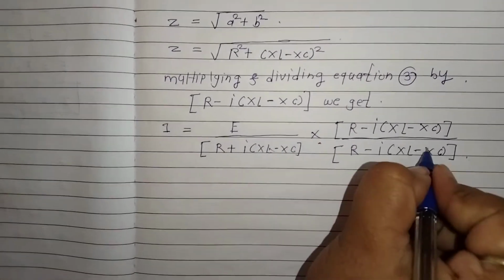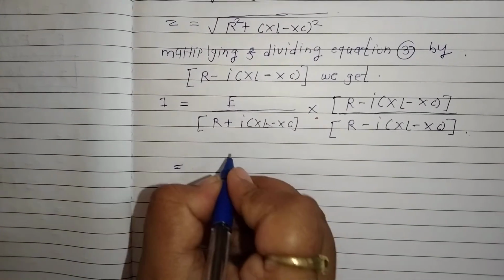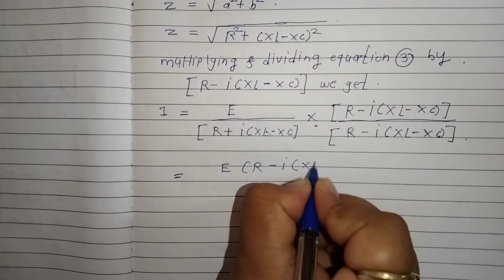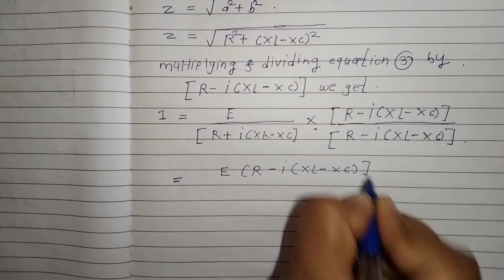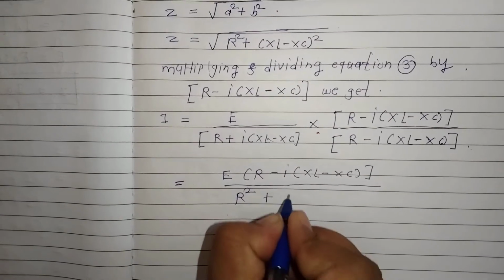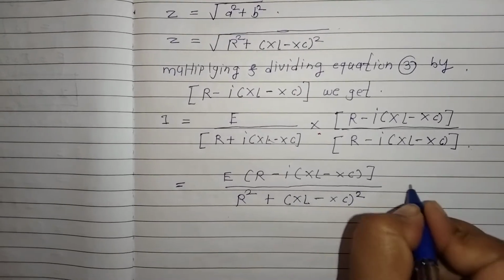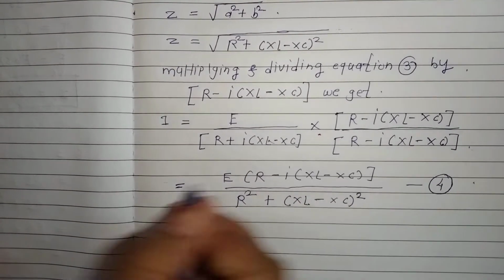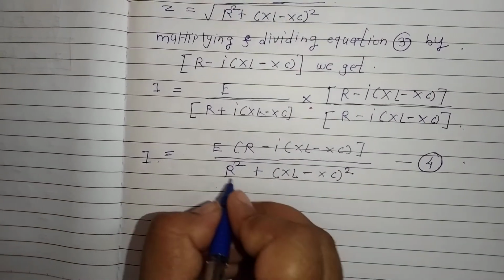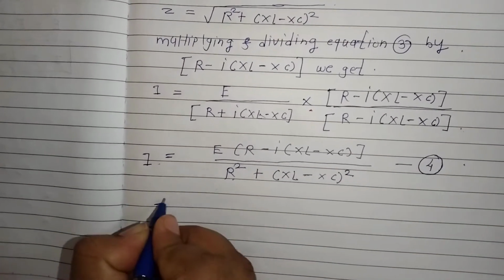Which gives A square plus B square. So this is equal to E times R minus i(XL minus XC) divided by R square plus (XL minus XC) square, which is equation 4. I is equal to E times R minus i(XL minus XC) divided by R square plus (XL minus XC) square.